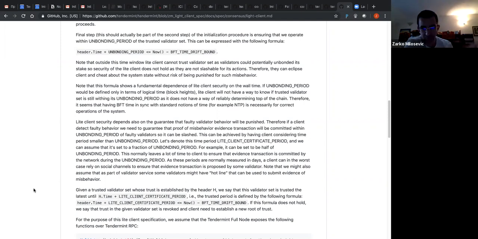Although this is not happening on the main chain, it can happen in the light client or IBC context. Therefore, the unbonding period gives us security at the main chain level, because after you withdraw, we have three weeks, or whatever the duration of the unbonding period is, to detect any misbehavior on the main chain.